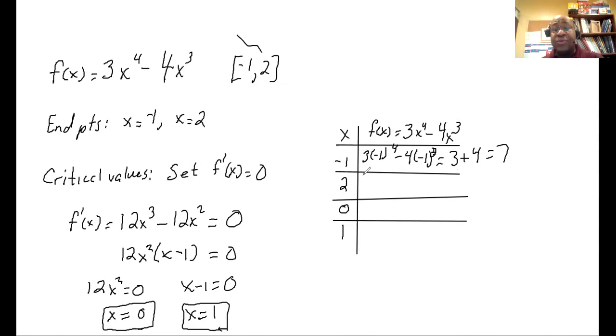For +2, this will be 3 times 2 to the 4th power minus 4 times 2 cubed. So 3 times 2 to the 4th power, that's going to be 48, minus 4 times 8, which is 32. That's going to be equal to 16.